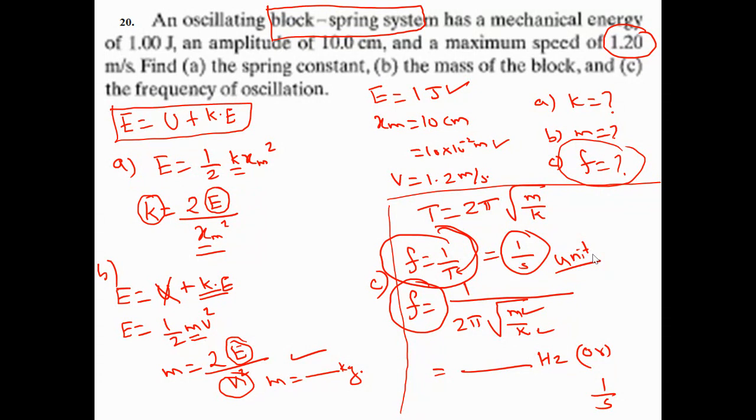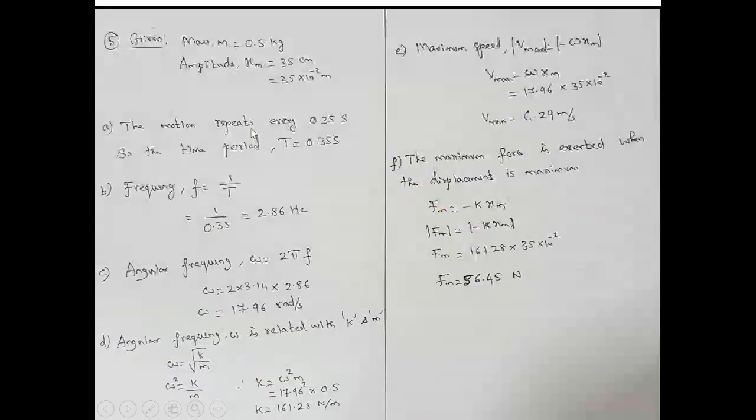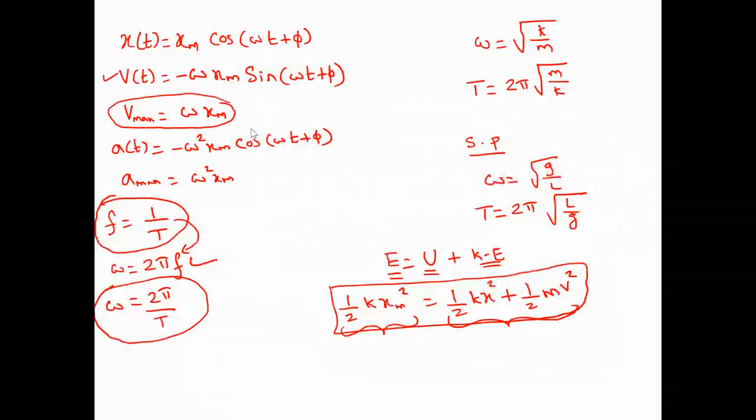Why in part A do you write energy equal to kinetic energy, and in part B energy equal to... My dear, in part A, this is my amplitude square. This is my half mv square. This is the formula for energy, which is equal to half. Just before, I wrote it here: my energy is equal to potential energy plus kinetic energy. My energy of the equation depends upon the amplitude.